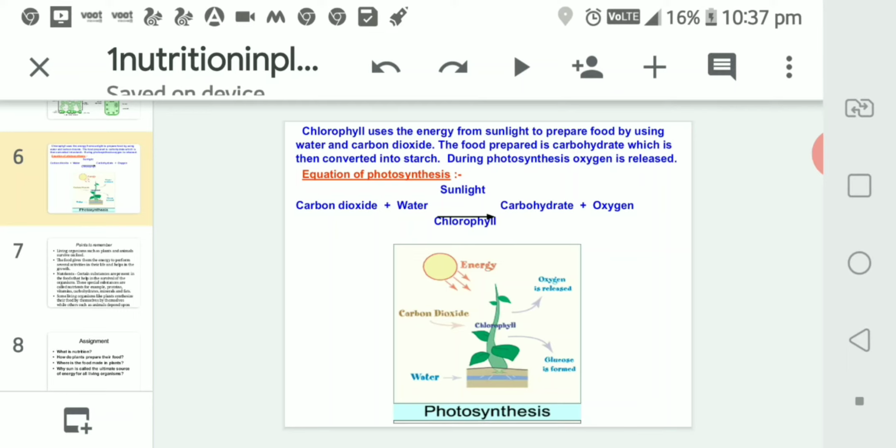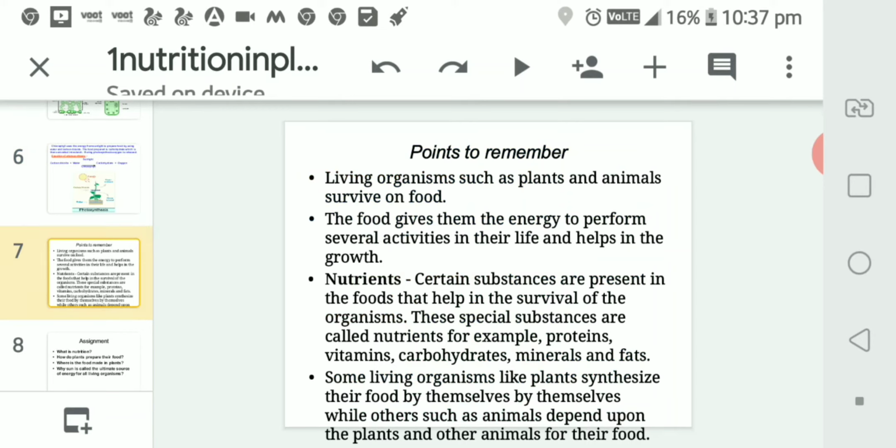Now let us see what we have discussed. We need to remember these points. Living organisms such as plants and animals survive on food. The food gives them the energy to perform several activities in their life and helps in growth. Nutrients: certain substances are present in the food that help in the survival of the organism.